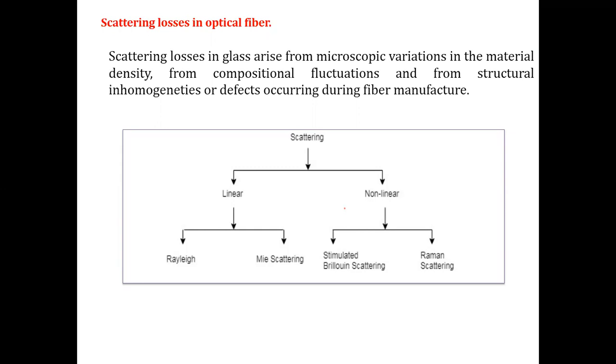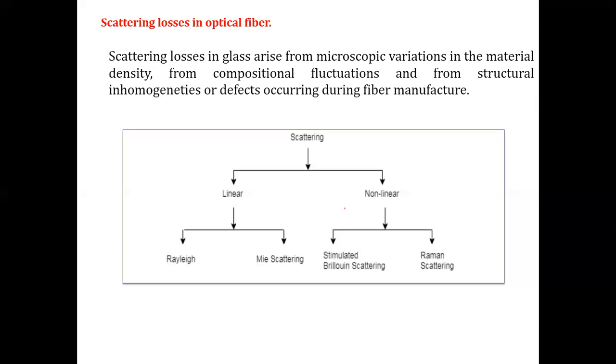As we know, here we are using a glass material. So glass is composed of a randomly connected network of molecules and several oxides, for example silicon oxide, germanium oxide, or phosphorus pentoxide. So these are the major cause of compositional structure fluctuation.